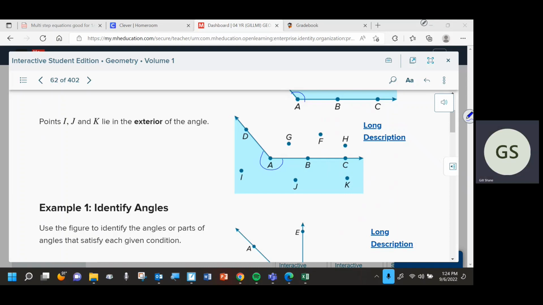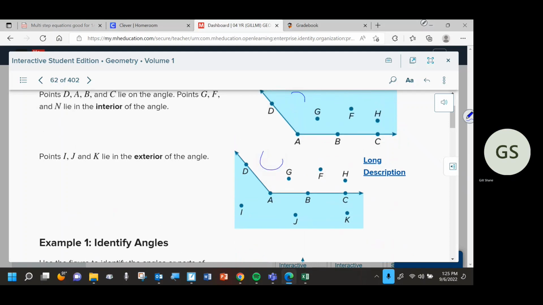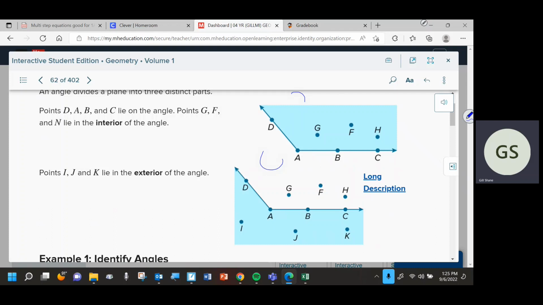How do we measure an angle? What's the tool that's used? Do you remember the name of it? No, it's a protractor. Yes, correct.